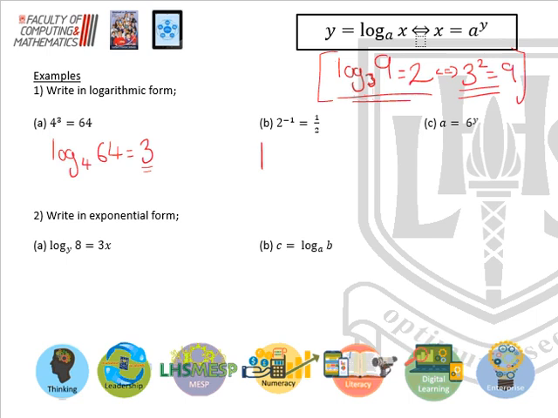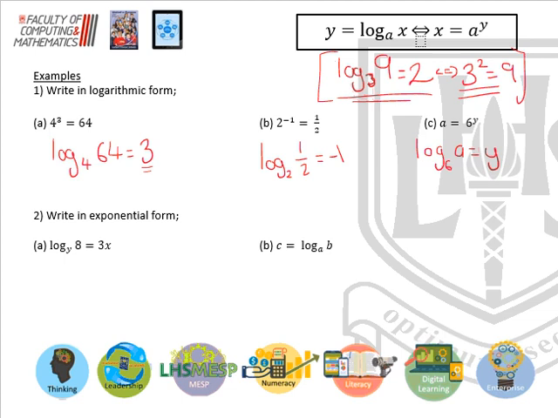Same here. We're doing log to the base 2 of a half is equal to -1. And then C, log to the base 6 of a is equal to y. The power is what you're equal to in this one. Now it'll take a bit of practice, but that is rewriting your exponentials in logarithmic form.